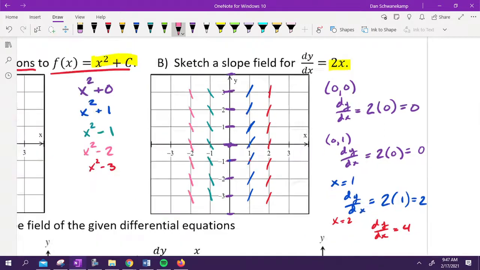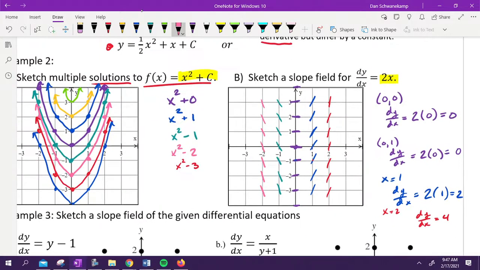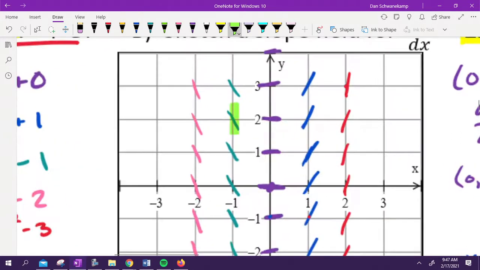Do you see how a graph of the general solutions connects to the graph of the slopes? Imagine, so going back to our boat analogy, this is our river over here. This is the flow of the water. Drop your boat somewhere. If I dropped my boat right there, what would happen?